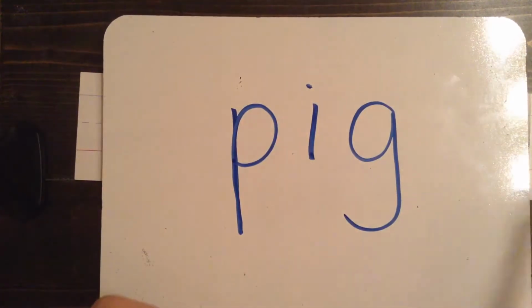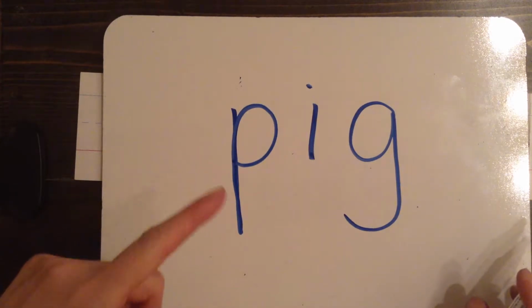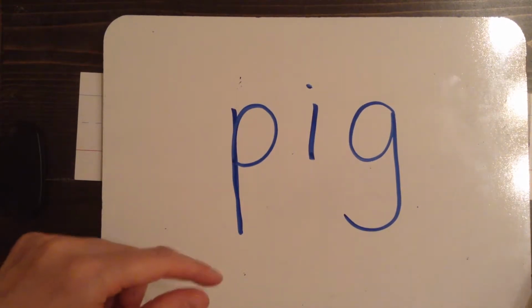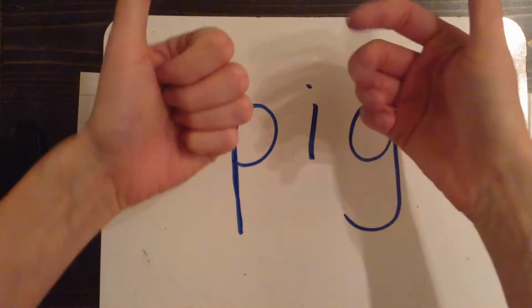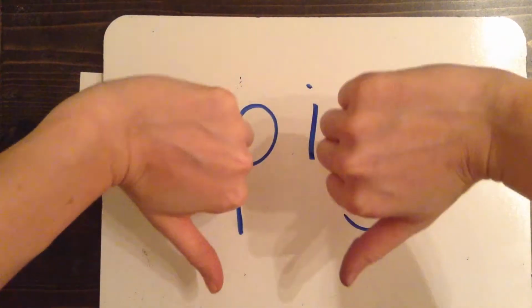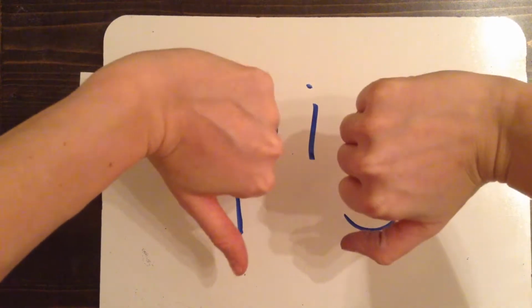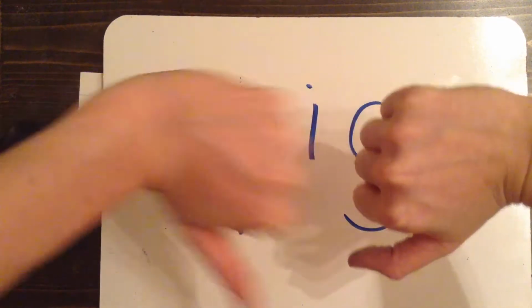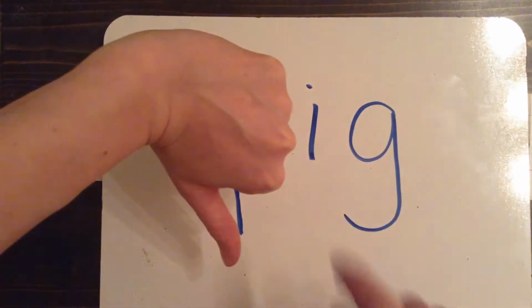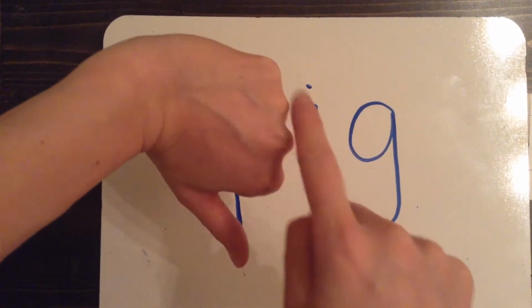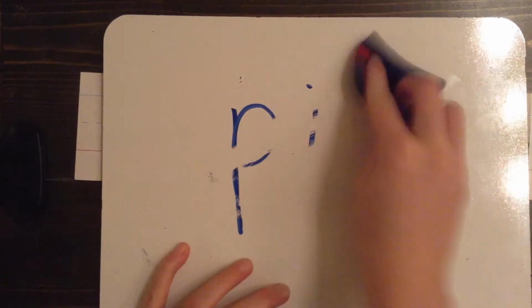Of course, we're not printing lowercase g today, we're doing P and Q. But knowing this trick can help remind you which way a P goes, and then you can just think a Q is the opposite. So try flipping over your thumbs again. Figure out which one is the P for P. P-ig. This is the P. That means the letter P will be this direction. Now that we know that, let's do some printing.